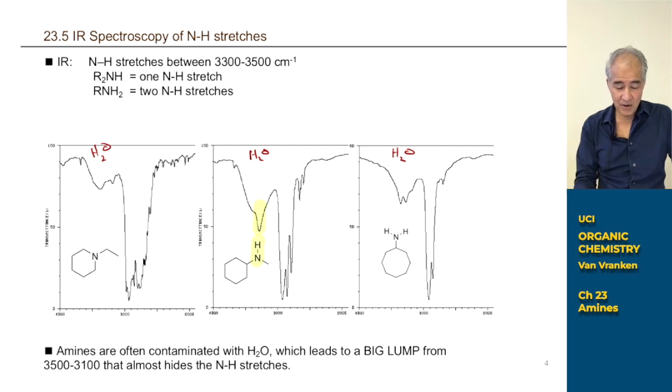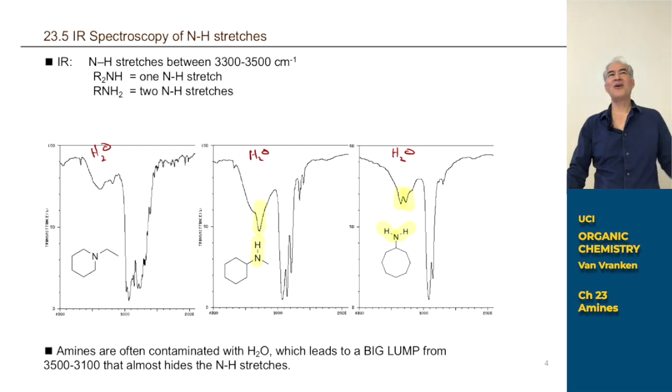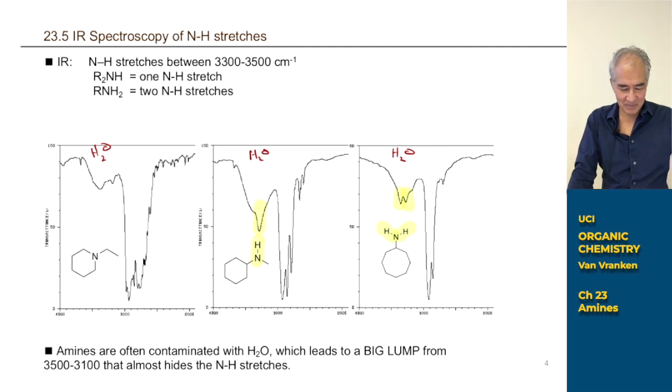When I look over here at this primary amine, it's primary because there's one alkyl group, but that means there's two NHs on there. Look at how many of these little blip NH peaks I see. 1, 2. See how easy that is? I can just look at the IR spectrum and tell you how many NHs there are on my amine. And that's pretty valuable because you're not going to have any other simple way to get that information. This is a valuable feature of the IR spectrum.